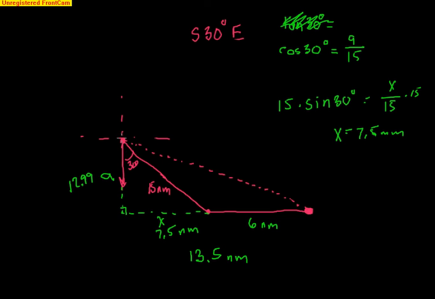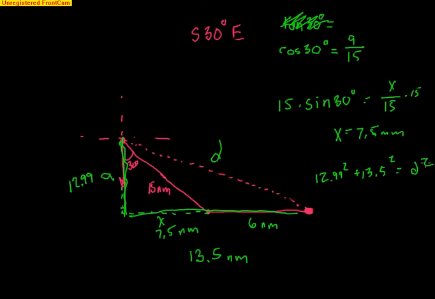So now that I know this side right here, 12.99, and this whole side down here, 13.5, I could actually use Pythagorean theorem. Now I know I'm going against the rule that I kind of said in class about using rounded values, but there's really no other way to do it. So 12.99 squared plus 13.5 squared equals this total distance from port to port squared.